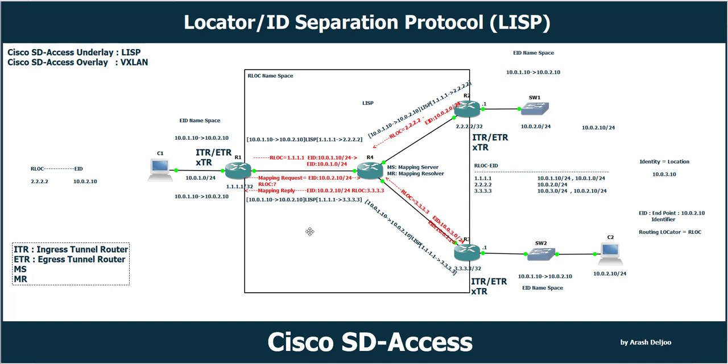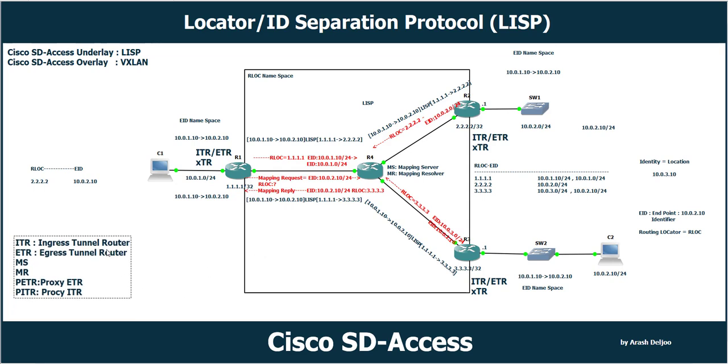Also, we have some other functions, for example, PETR or PITR. PETR means proxy ETR, and PITR means proxy ITR. They are a little beyond this course, but let me inform you that the proxy ETR and proxy ITR are actually an ETR and an ITR respectively.